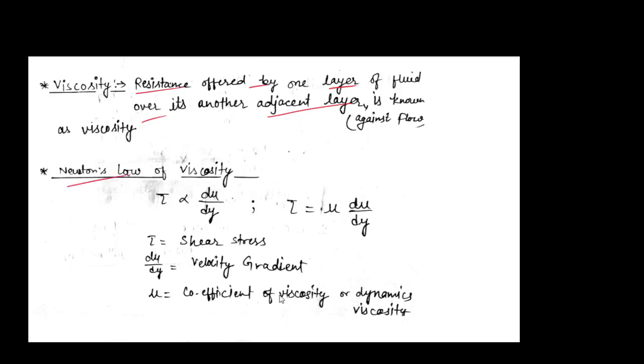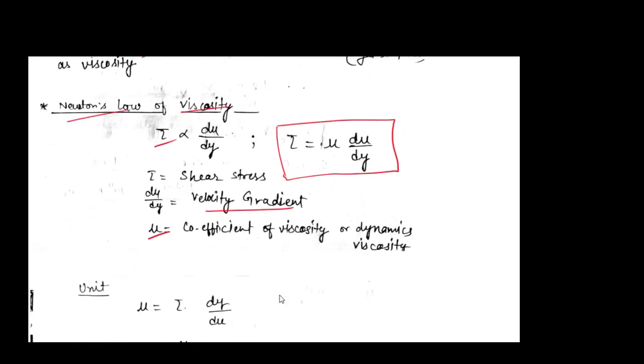Newton's law of viscosity states that shear stress tau is directly proportional to the velocity gradient, denoted by du by dy. By putting in a coefficient, mu, we get the formula tau equals mu into du upon dy, where du by dy is the velocity gradient.